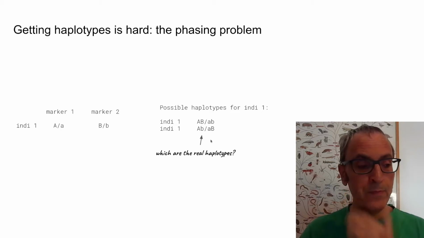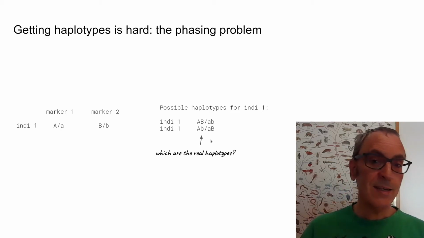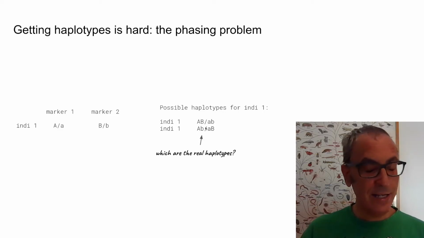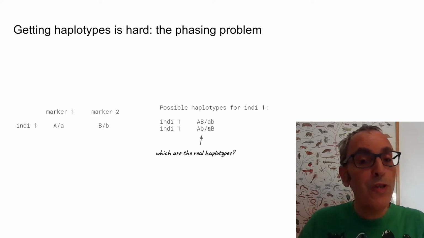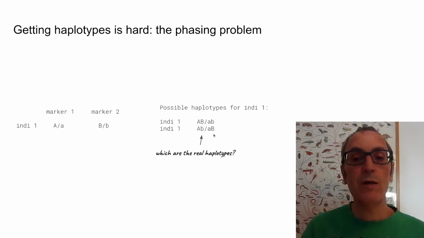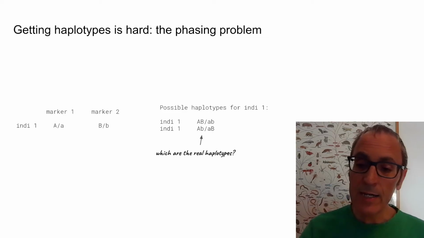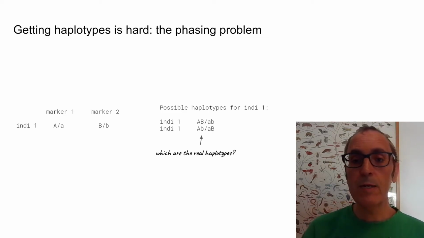We need either a technology capable of genotyping haplotypes, and that is not easy and usually not cheap, or we need a way in which we infer the haplotypes. This is called phasing. For instance, there's a software called Beagle that can infer them if you have many individuals in the population.